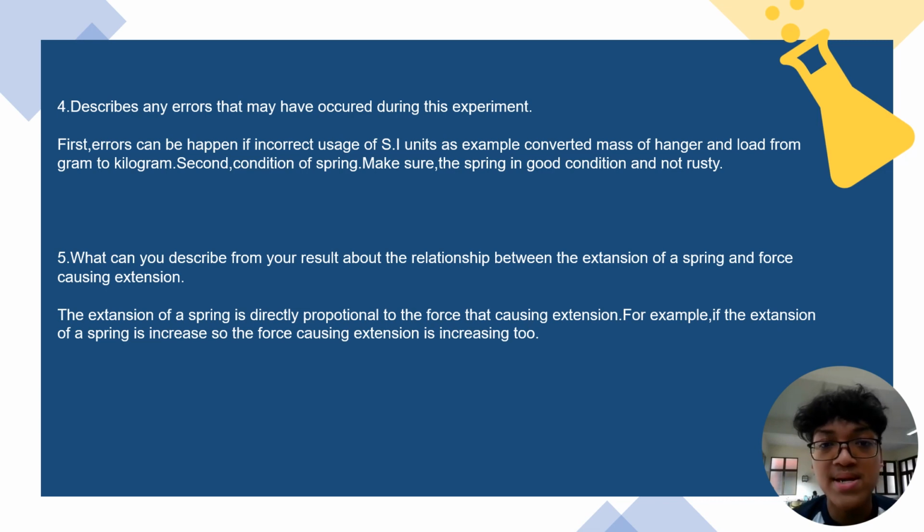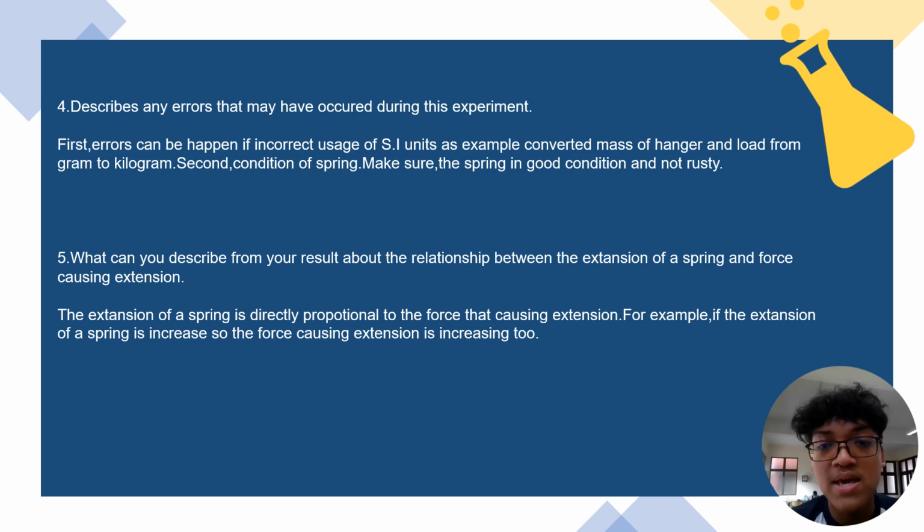Make sure the spring is in good condition and not rusty. Question 5. What can you describe from your result about the relationship between the extension of the spring and the force causing extension? The extension of a spring is directly proportional to the force causing the extension.